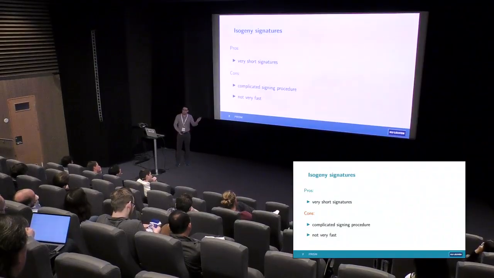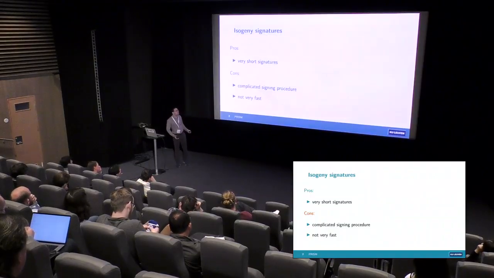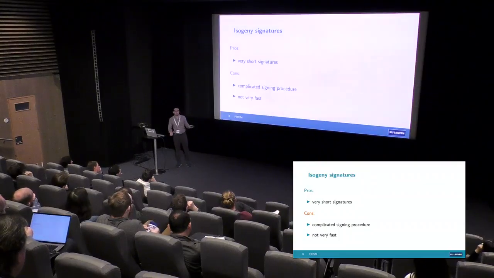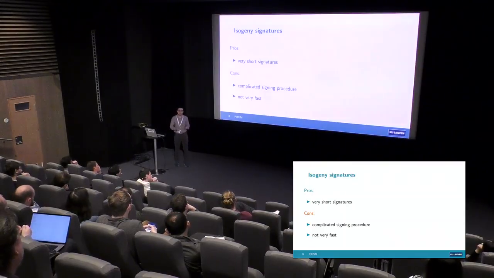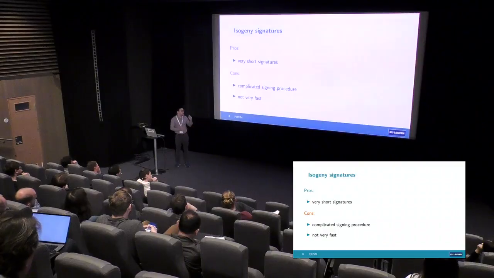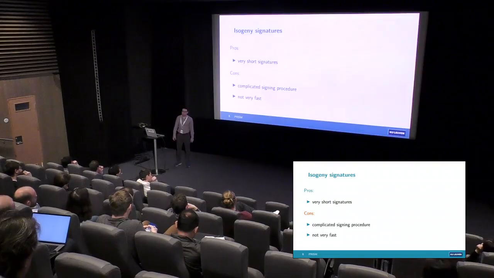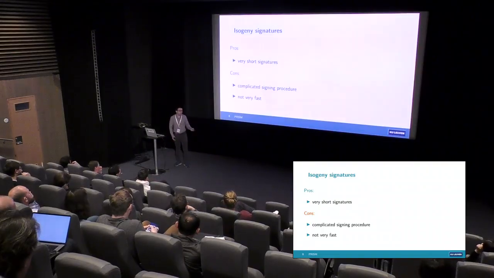Now, the good thing, the reason why people love isogenies, is that signatures are very, very short, much shorter compared to any other post-quantum candidate. The drawbacks are that the signing procedure, as I showed, is quite complicated. It has a few steps, is not very fast. This is getting better, but still is a bit slower compared to other candidates.